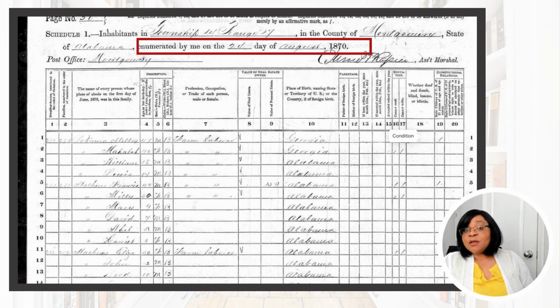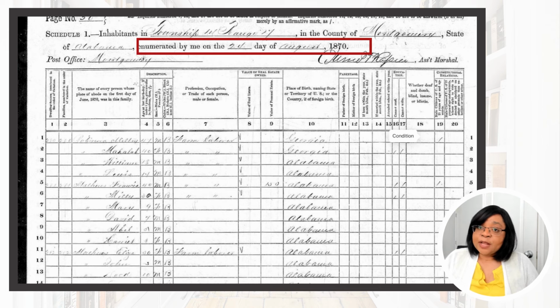I have had some luck finding 1866 census records, but that's kind of hit or miss. 1870 is largely accepted to be the first accurate and most complete record of African Americans in this country as far as census records are concerned. So that's where it starts for post-slavery research. And then it just really moves forward until you get to 1950, which is the latest census that's available.